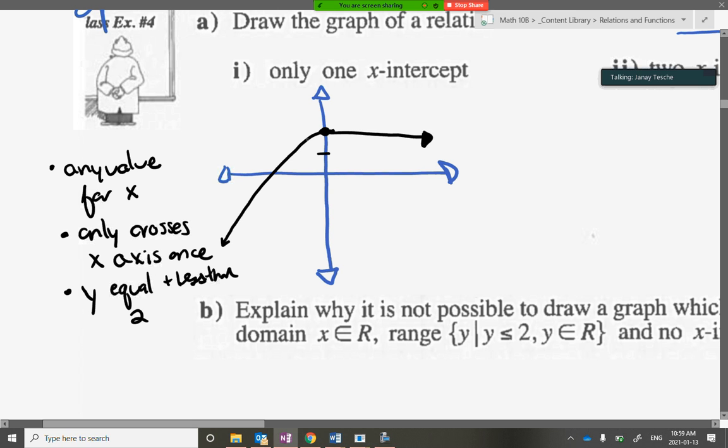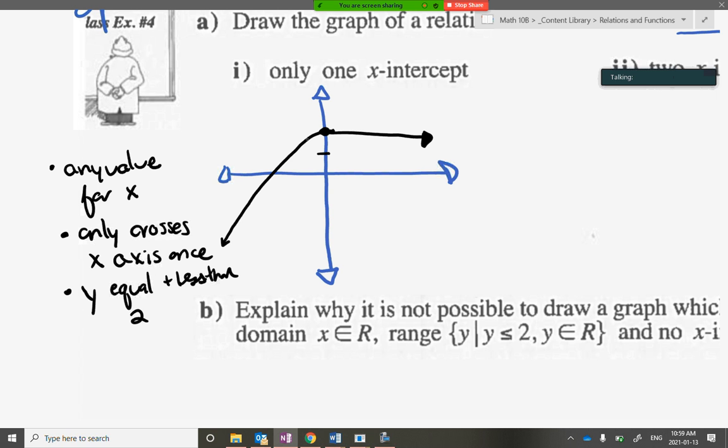So this would be like a plateau where it's equal to 2 that whole way. Go ahead, Andy. Mm-hmm. It has to hit that 2 line though, because it said equal to 2.